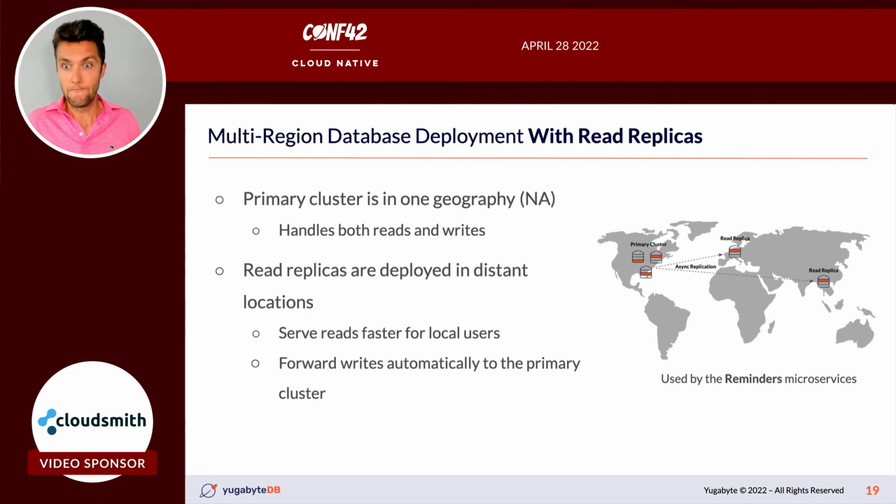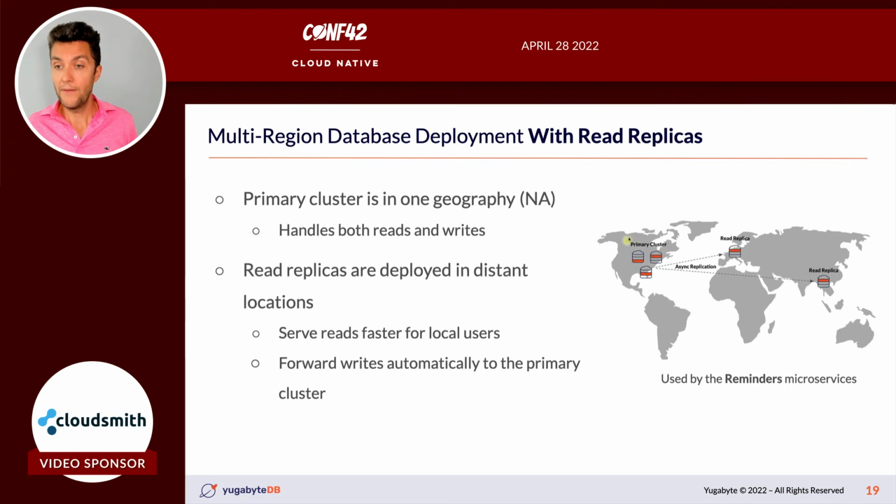Generally, whenever someone creates a reminder, this write operation will be handled in the primary cluster. So if you have, let's say, a user who lives in South Korea, and this user schedules a reminder, this reminder will be automatically forwarded from the read replica in this location to the primary cluster in North America.